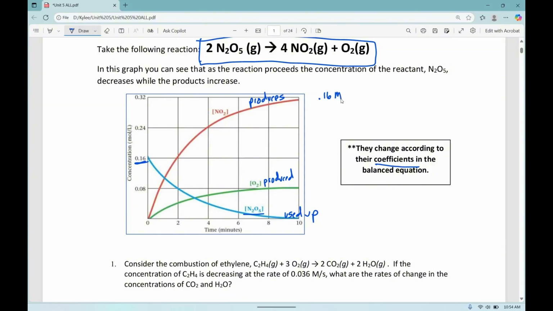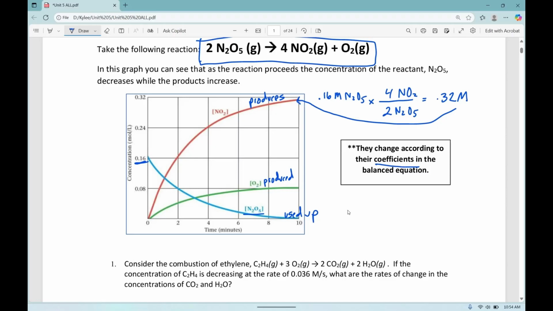If I start with 0.16 molar of N2O5 and use my balanced chemical reaction, it's 2 N2O5 for 4 NO2s. That gives me 0.32. And if I look at where this graph stops, it is 0.32. And so it follows the reaction stoichiometry.